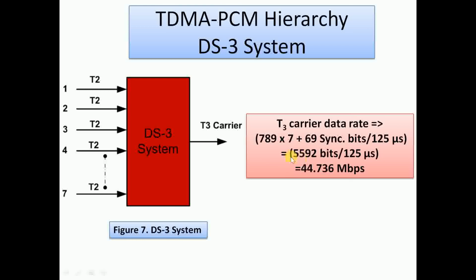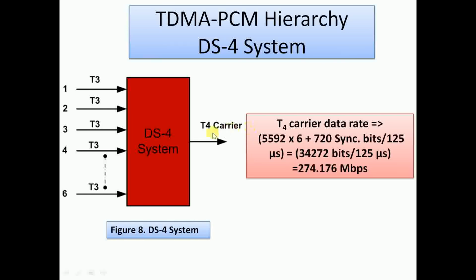Again, these bits are transmitted in 125 microseconds. So this calculation gives the data rate for the T3 carrier as 44.736 megabits per second. So in the T3 carrier we have multiplexing of 7 T2 carriers, and transmission is at a rate of 44.736 megabits per second.